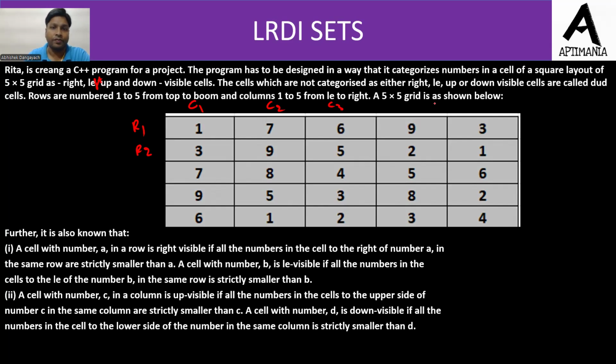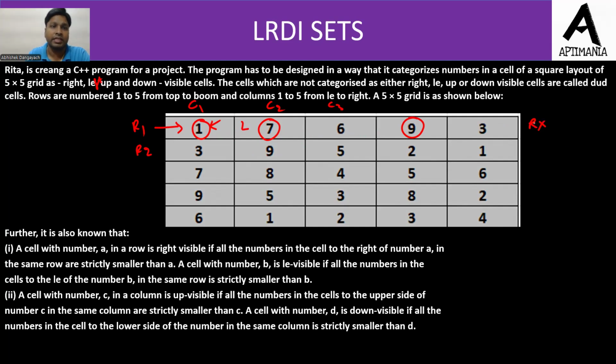As in, if we take one example, see this 7. All the numbers to the left of 7, we have only one number which is 1. Now this one is definitely less than 7. So we can say that this cell 7 is left visible. That is, we can see this cell from the left. Now since we have a 9 over here, which is greater than 7, this number 7 is not right visible.